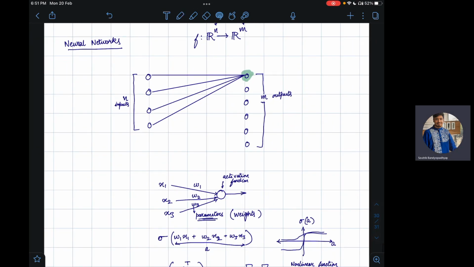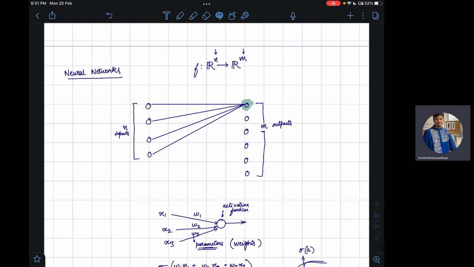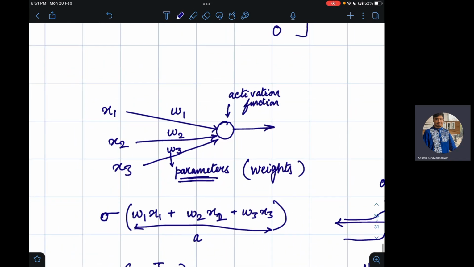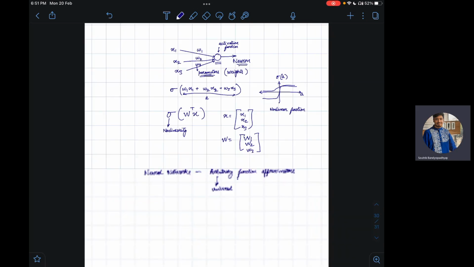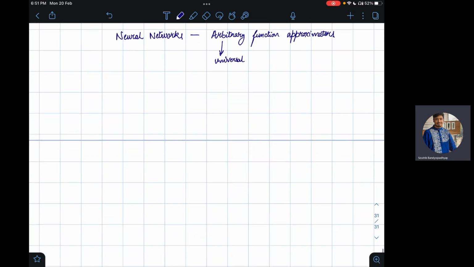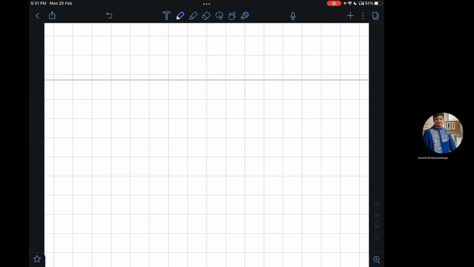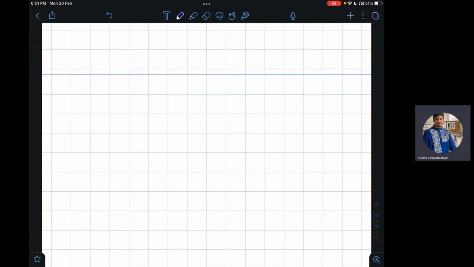Now I said neural networks, right? What I have shown you currently is one such neuron. So this is a neuron. How do we call it a network? It's nothing but a stacking of neurons together.